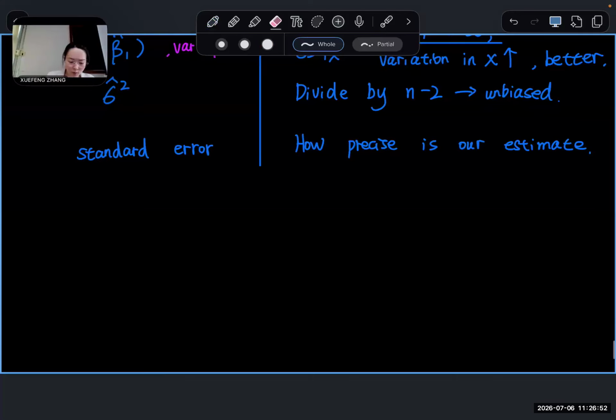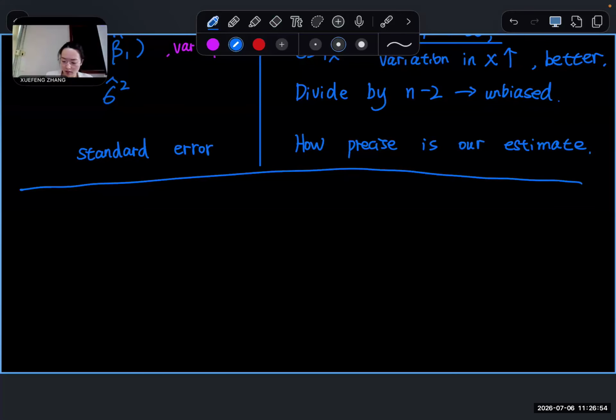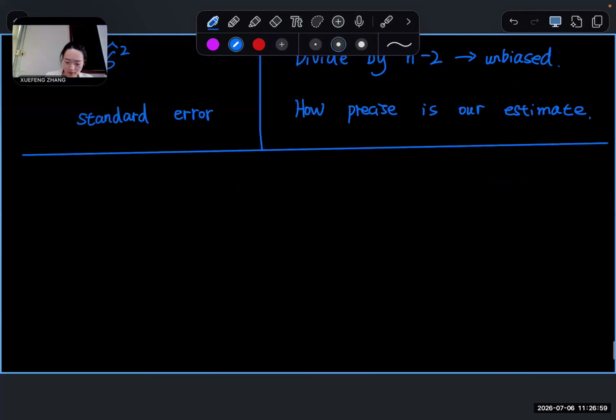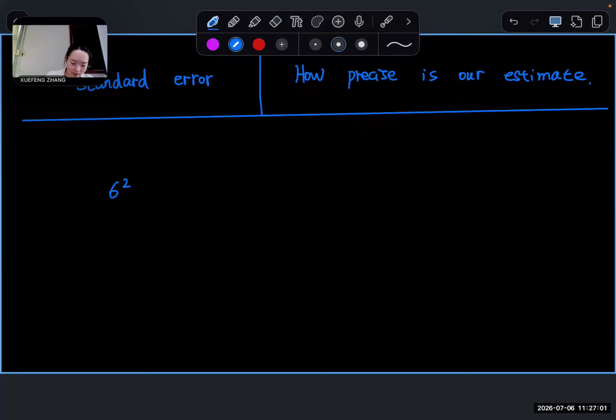Let me help you with those symbols. So we have a sigma square. We have a sigma square hat.